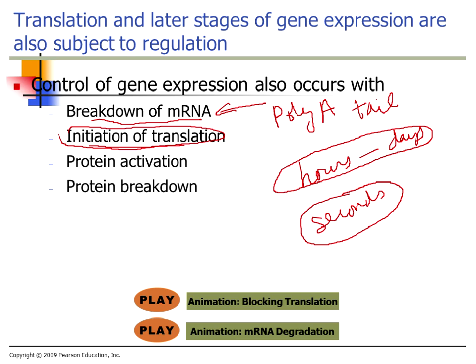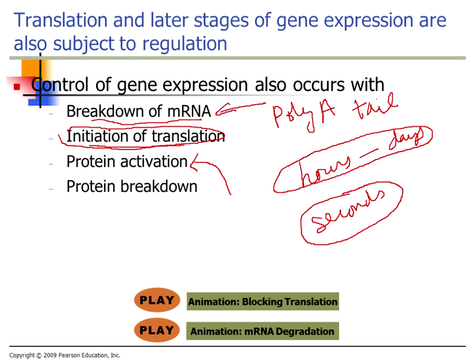Sometimes you go through the translation process and you actually make the protein, but the protein may not be active, and it may need a particular enzyme to activate it. One example of that is insulin. We will talk about that in a minute, and I'll show you how that works. So for protein activation, you need another enzyme to activate the protein.